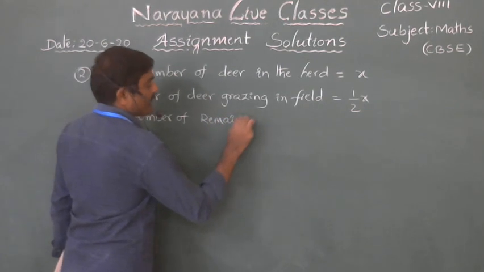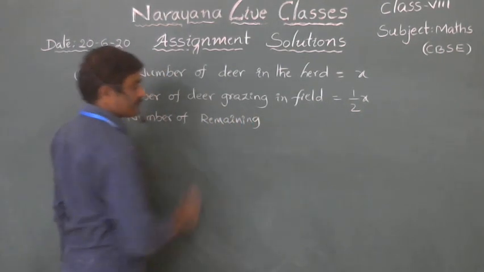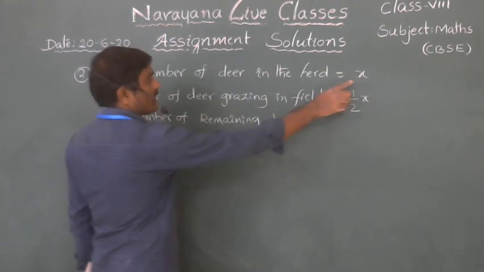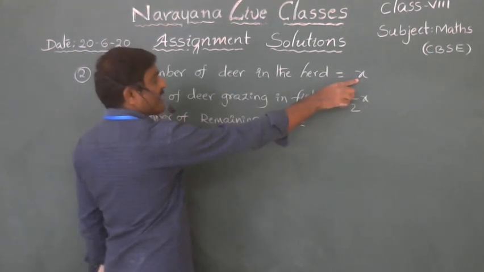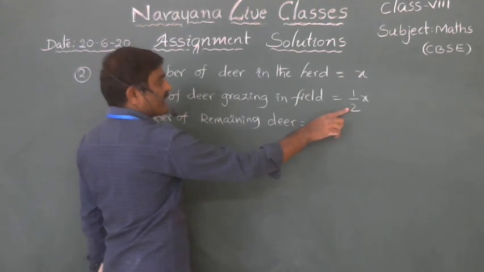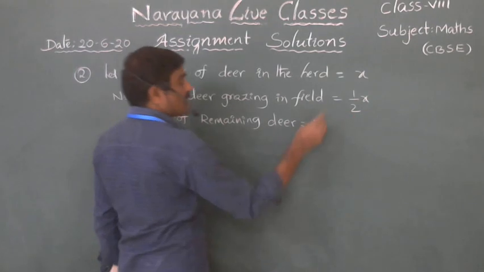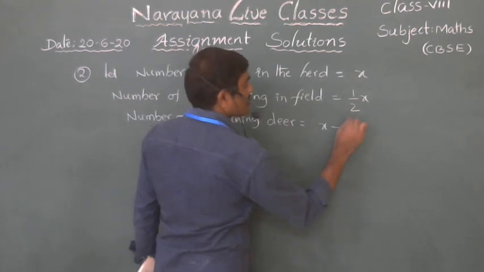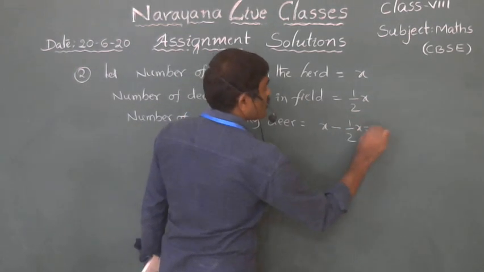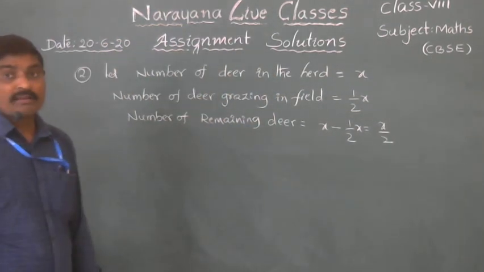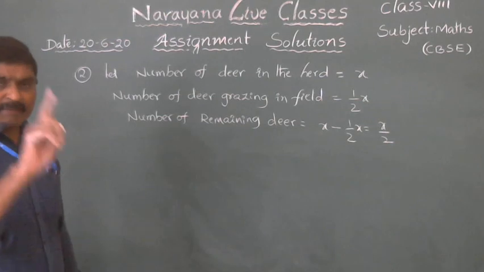Number of remaining deer is equal to the total number of deer in the herd, x, minus half that are grazing in the field. From the total you subtract this, x minus 1 by 2x, is equal to x by 2 only. You know how to simplify. These are the remaining deer.